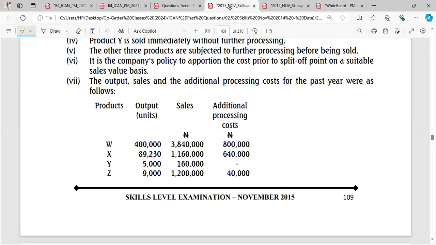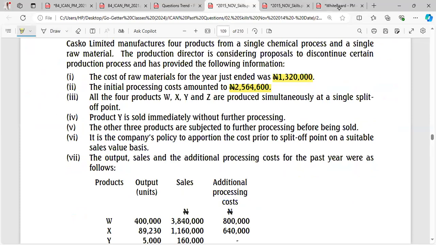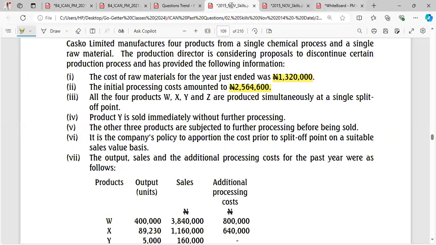That material cost is 1320. Processing cost is 2,564,600.